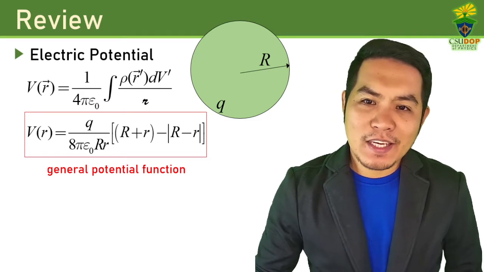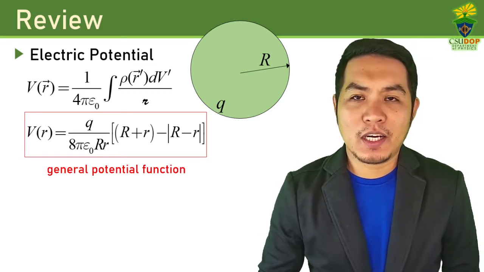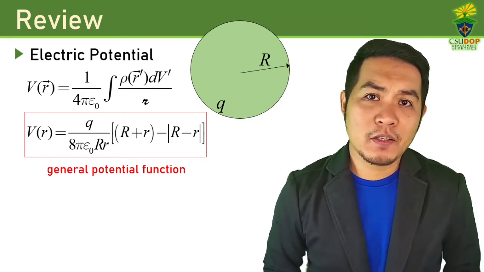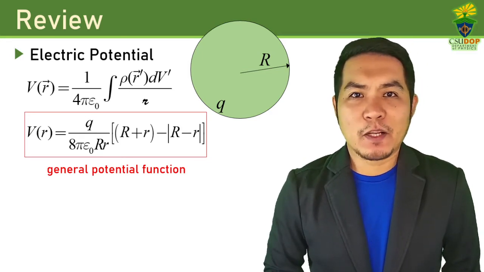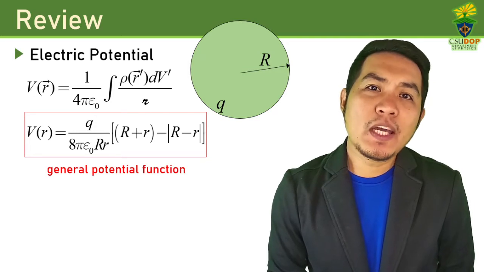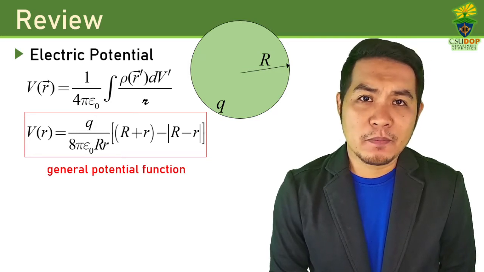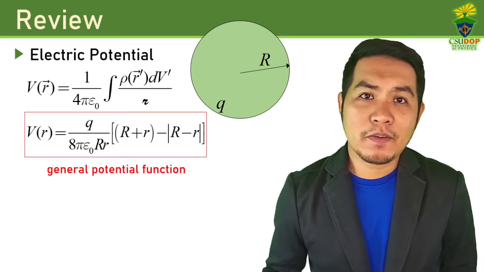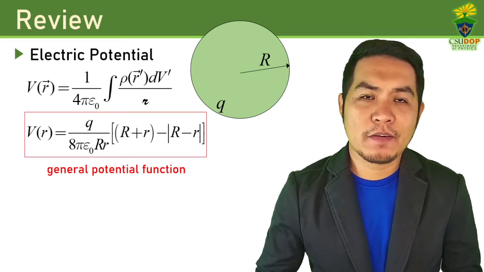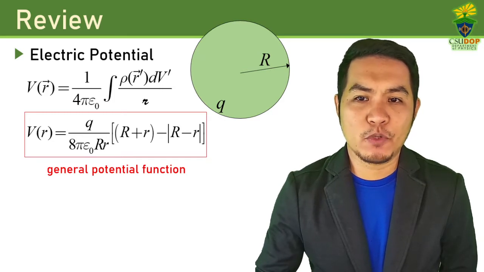So this is actually our main target for this chapter. We will try to find the general potential function which will describe the potential everywhere for a given charge distribution.